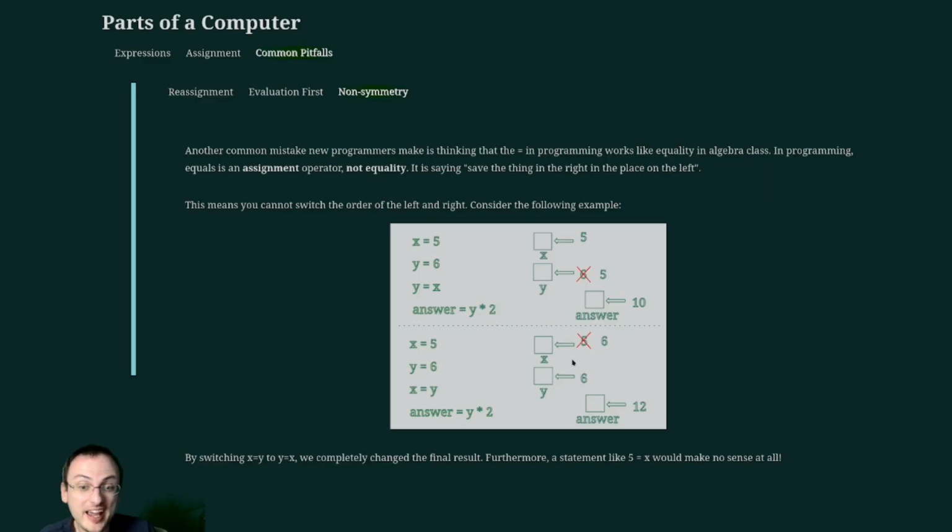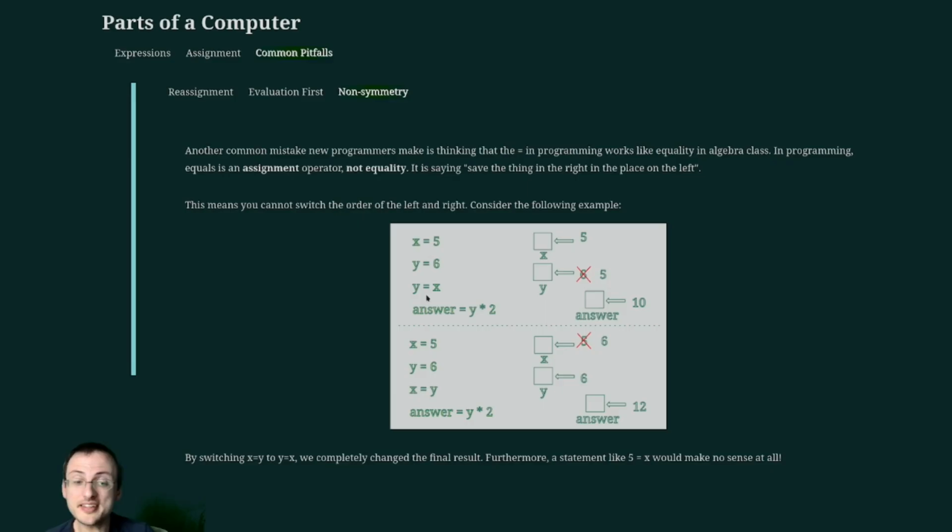It's going to change the x because the place on the left is the box that is changing, the variable that we are assigning a value to. So in this case, x is 5 actually gets overwritten with the 6. So when my answer is y times 2, I end up with 12, and I ended up with a completely different answer just by flipping the left and the right sides of this one assignment on line 3 of our program.